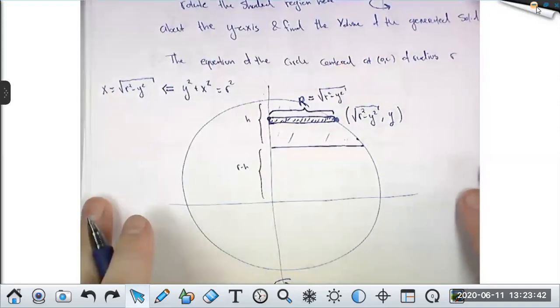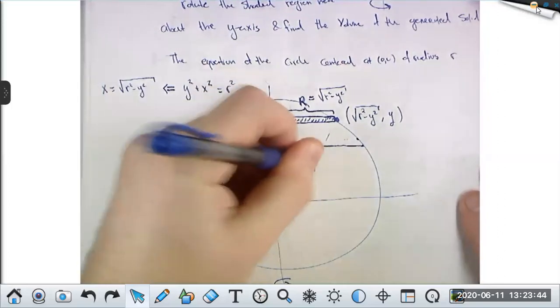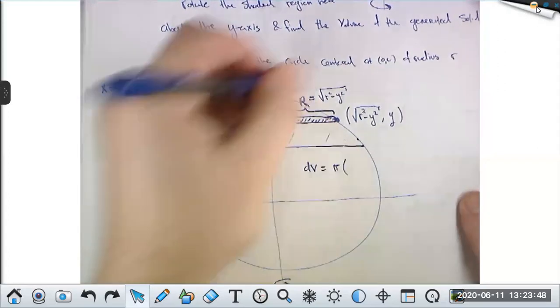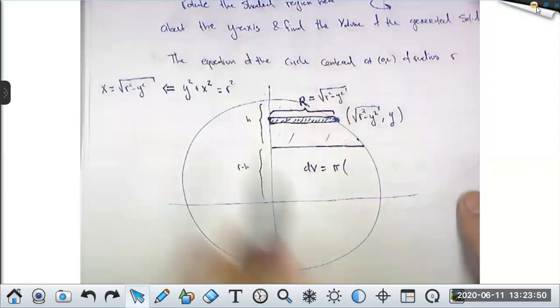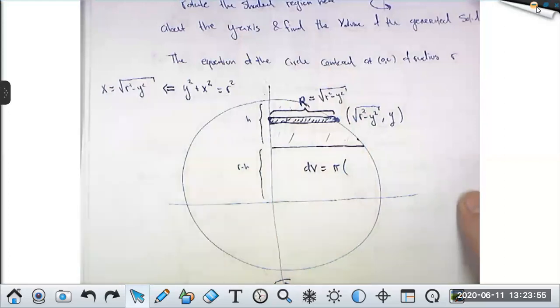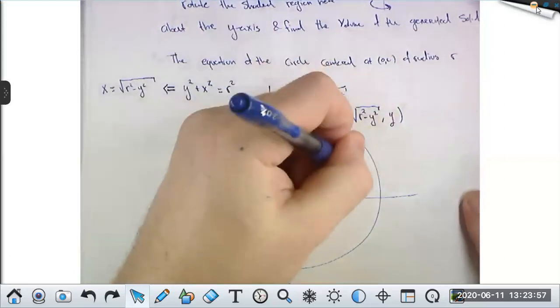That makes sense. And dv is pi times big R squared minus little r squared. The little r in our dv is not the same as the radius, though. I don't want to write that down and make things confusing.